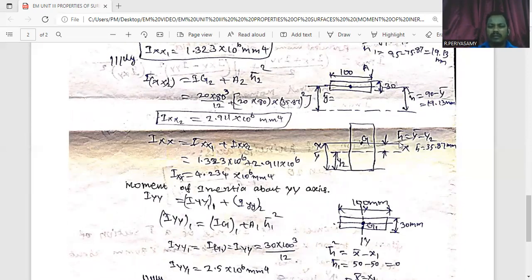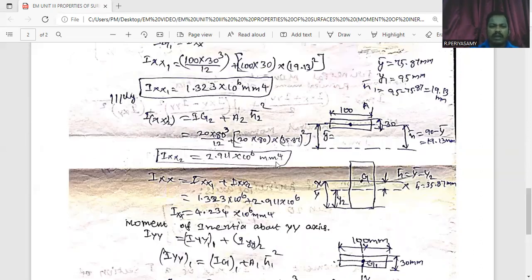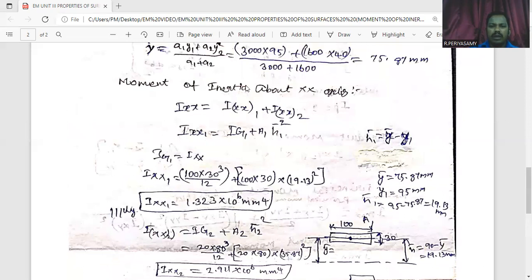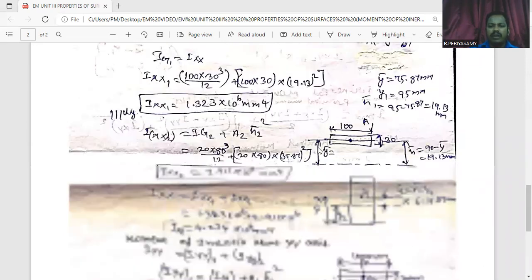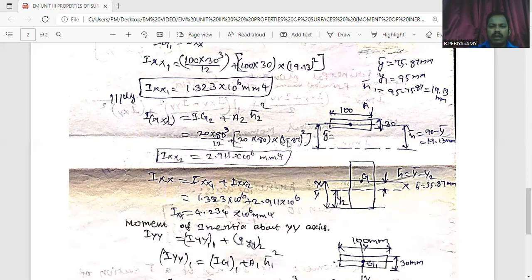Finally, h2 bar equals 35.87, because h2 bar equals the y bar value 75.87 minus the y2 value 40.